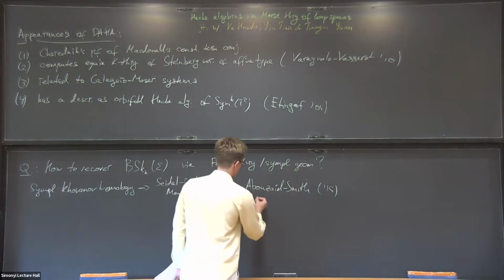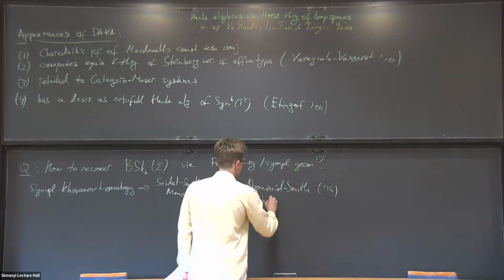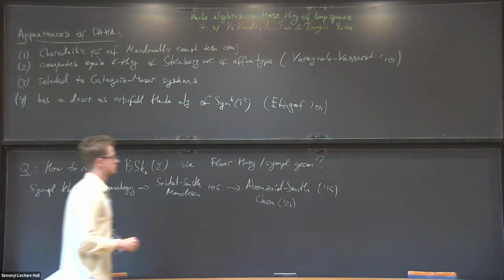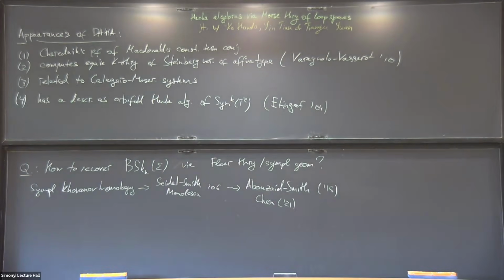They did it only as a graded module, and then the later work of Chen shows that as a bi-graded module, you can recover via this construction the symplectic Khovanov homology.